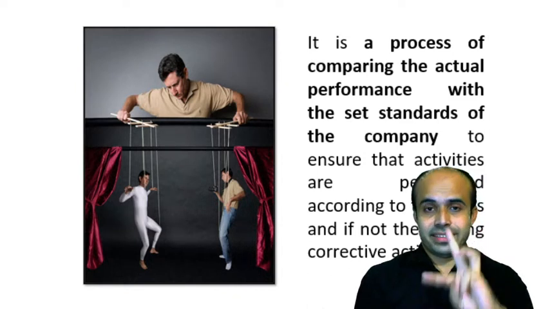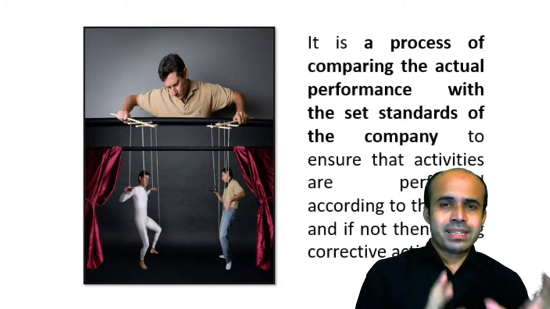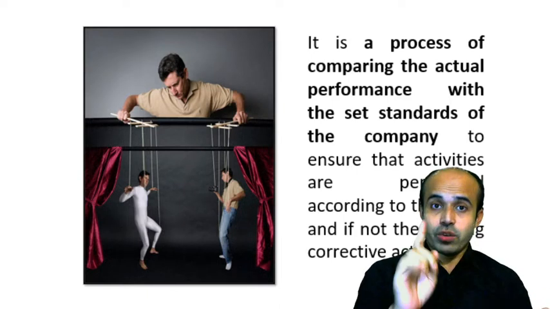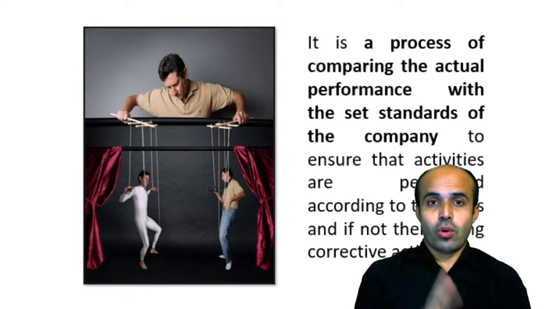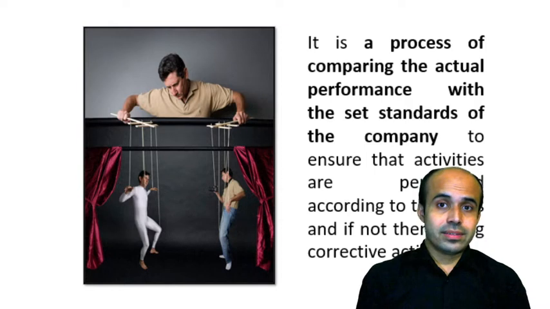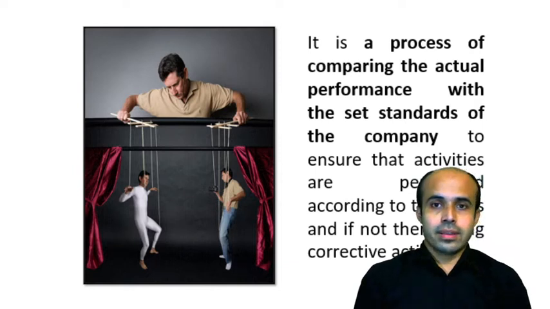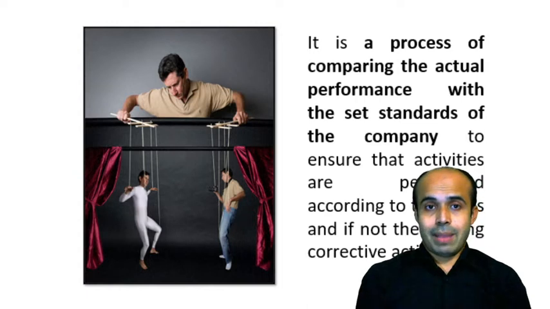So what do you think are the three basic things in controlling? In the definition you will remember three basic things. One thing is measuring the actual performance of the workers or employees. Second, comparing the actual performance with the plan.